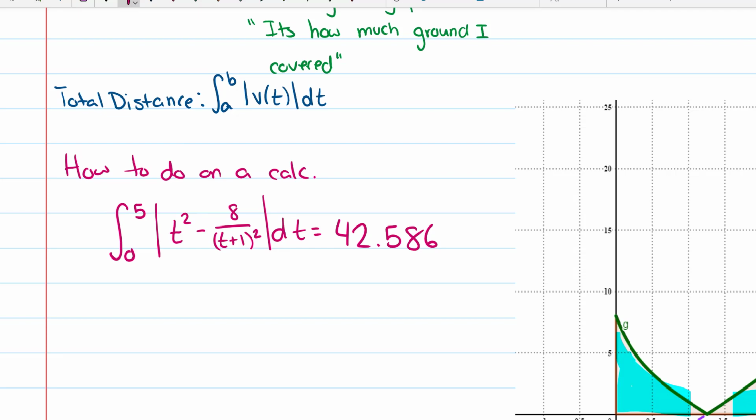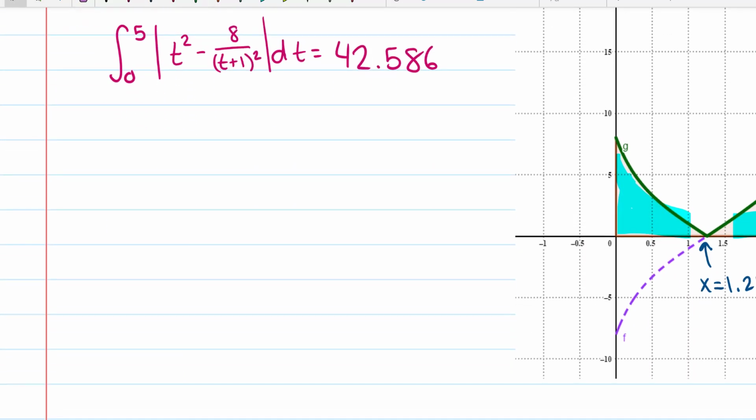Now, if we want to do it by hand, it is possible. But to do this, we have to determine the intervals so that we're only guaranteed a positive value.